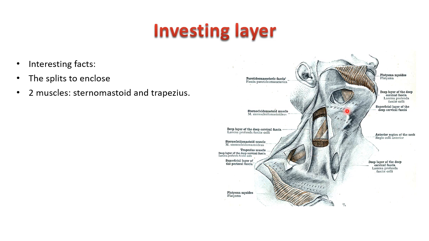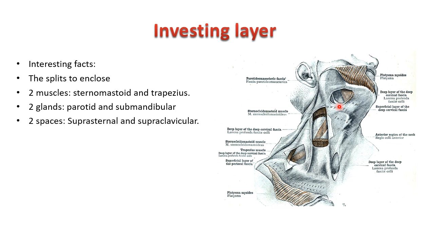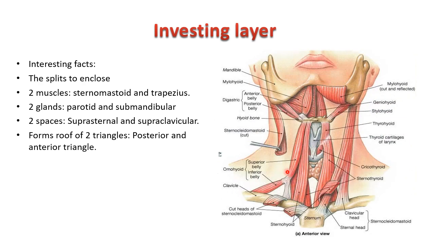It splits to enclose two glands, mainly the submandibular and the parotid gland. It encloses two spaces, the suprasternal space of Burns and the supraclavicular space, and it forms the roof of the posterior triangle as well as the anterior triangle, and it also shows two modifications or two fascial slings.